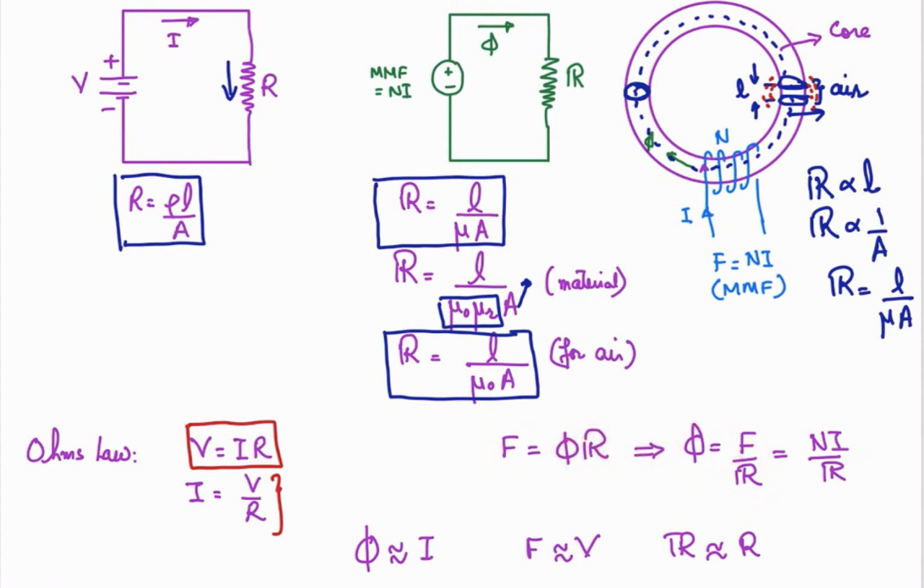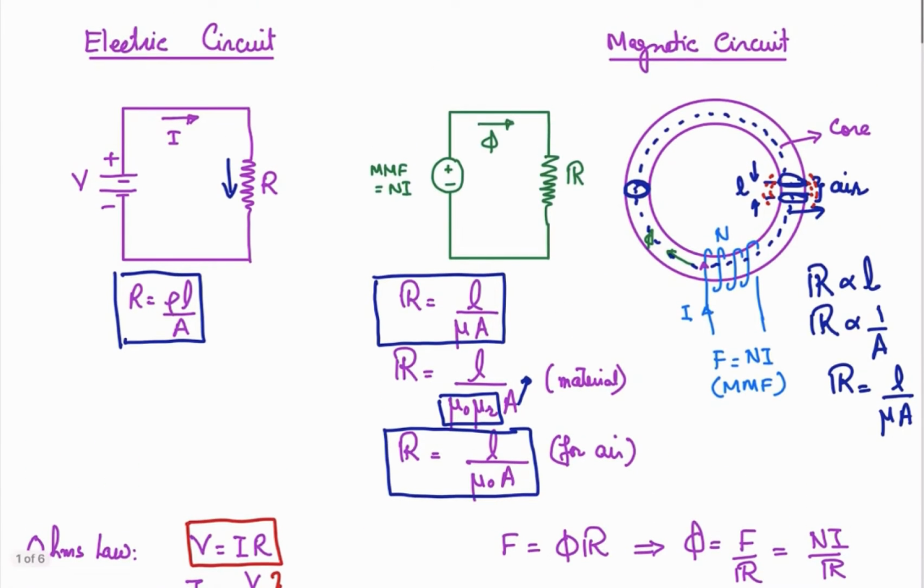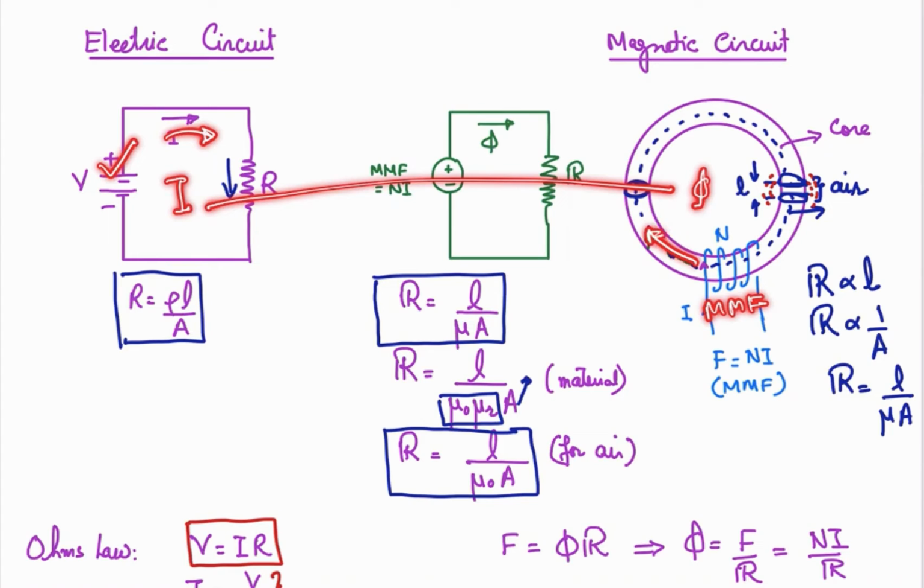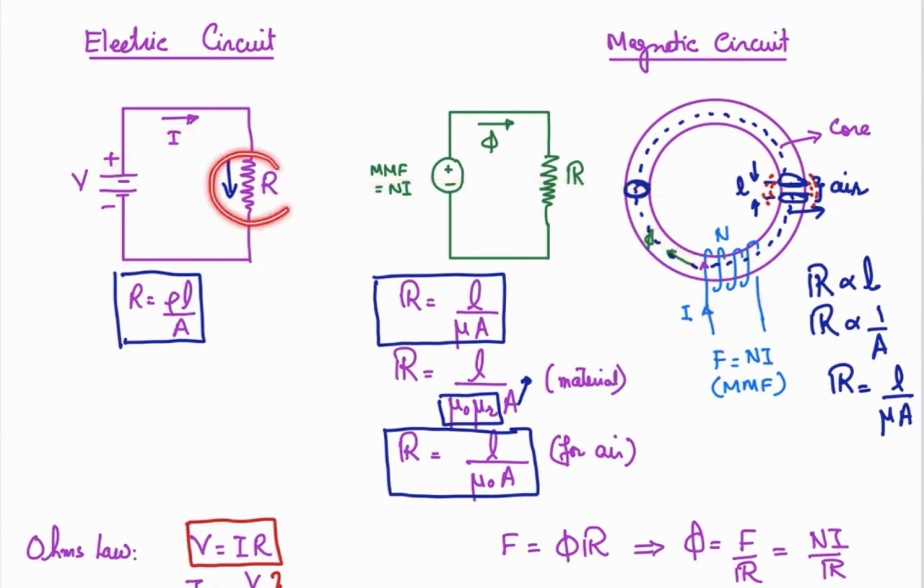If you compare the electrical and magnetic circuits, the current in this circuit is equivalent to the flux in this circuit, because when you apply voltage over here, the current flows, and when you apply mmf over here, the flux flows. So current and flux are analogous to each other, and similarly, resistance is analogous to reluctance.